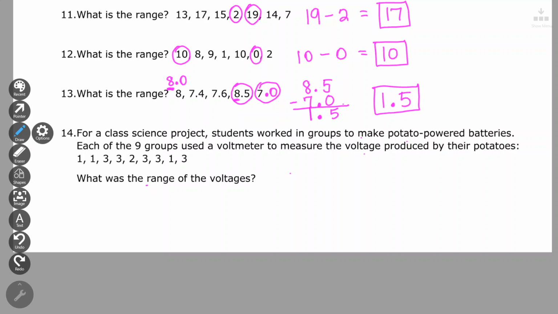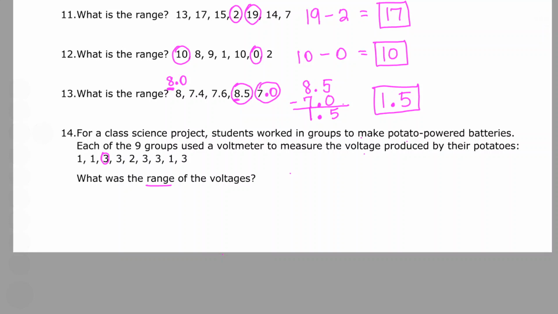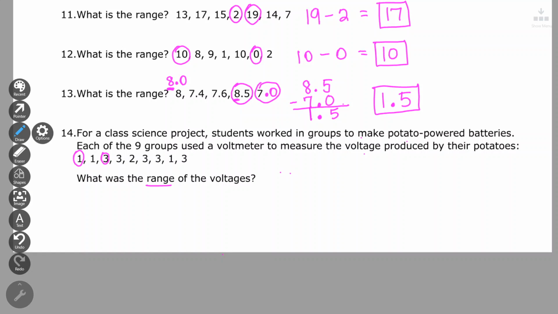Okay, the voltages. So let's look. All right, the range is, you've got to take the highest and subtract the lowest from it. So the highest number is 3. The lowest number of volts was 1. So 3 minus 1 would be 2 volts.